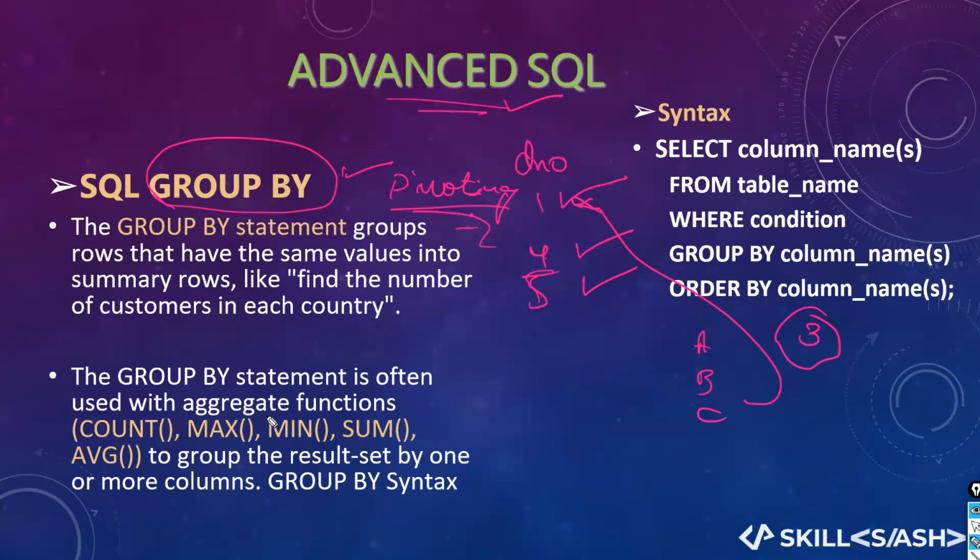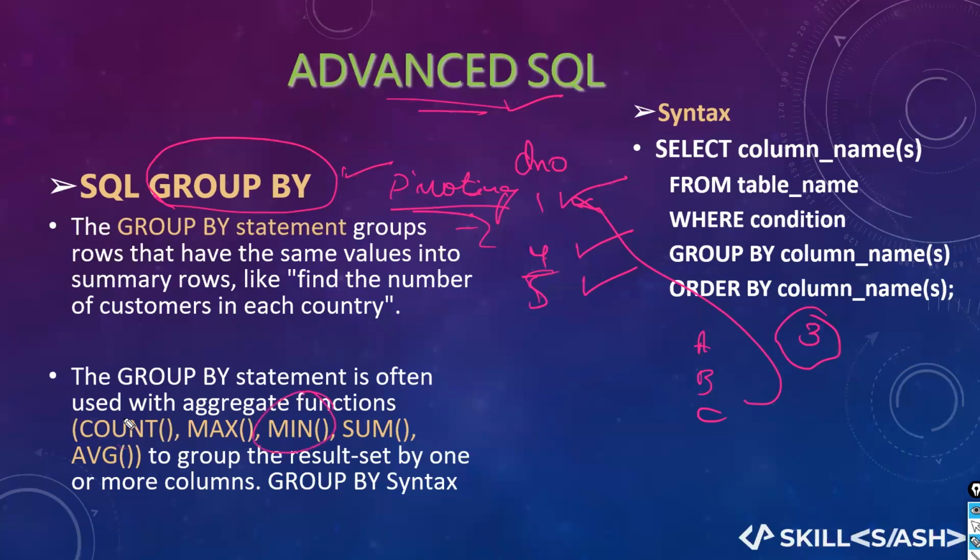And always remember, the group by statement will always come with an aggregation function. It is a must. So you need to write this group by clause with aggregation functions like count, minimum, maximum. If I ask you what is the minimum salary department wise, you will go for minimum.